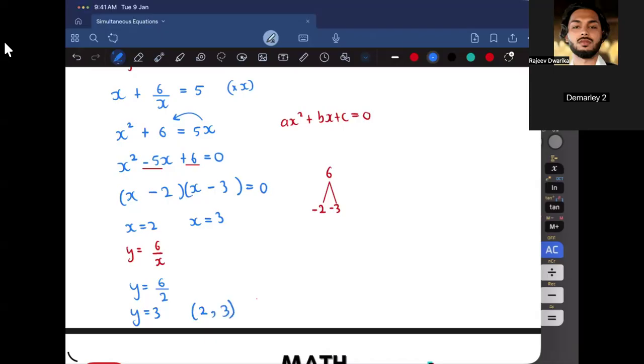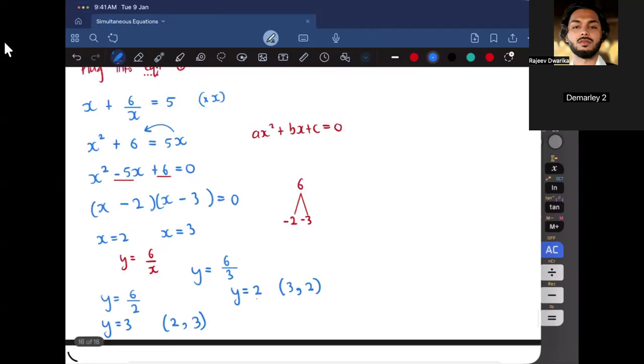And when x is equal to 3, y is going to be equal to 6 over 3, sorry, 6 over 3. And so y would be equal to 2. So that point would be 3 and 2.